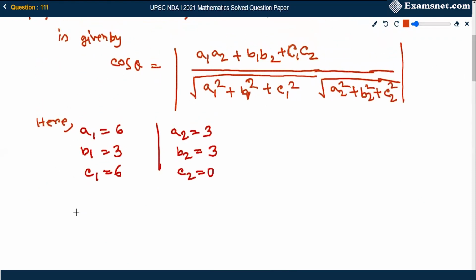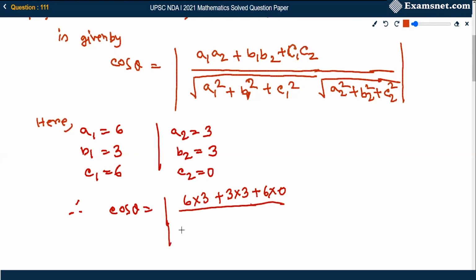We'll get the answer. Therefore, cos theta equals mod of 6 multiplied by 3, 3 multiplied by 3 plus 6 multiplied by 0, over root of 6 squared, 3 squared, 6 squared, and 3 squared, 3 squared, 0.